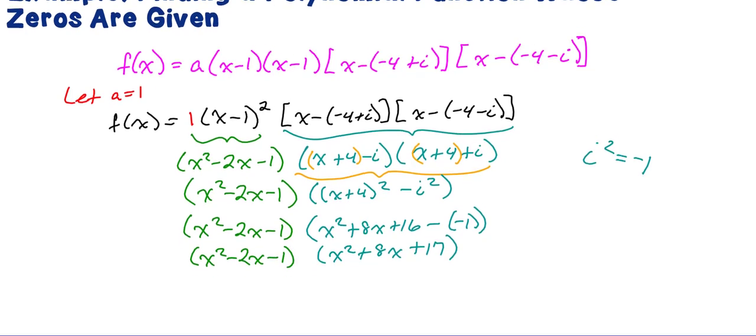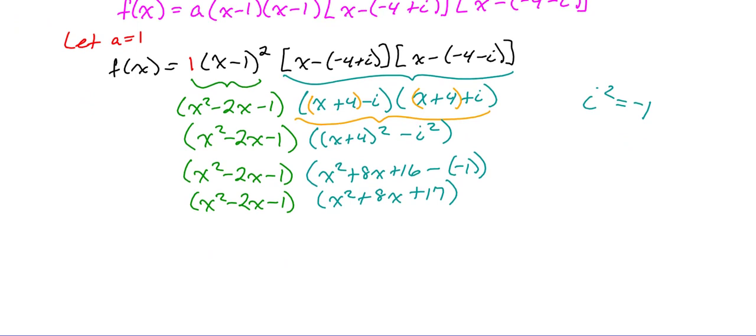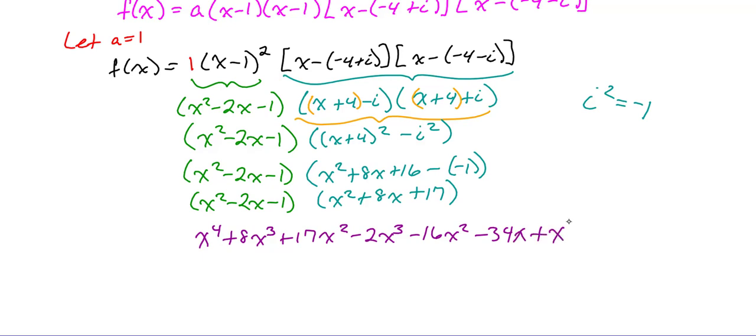Okay, and then when we multiply these two factors out even further, we get x to the 4th plus 8x cubed plus 17x squared minus 2x cubed minus 16x squared minus 34x plus x squared plus 8x plus 17. So now we just need to combine our like terms.